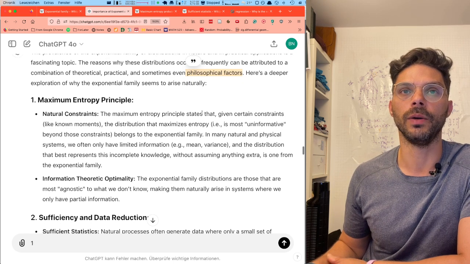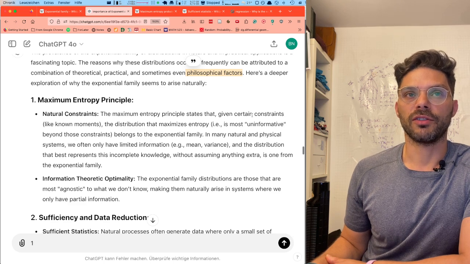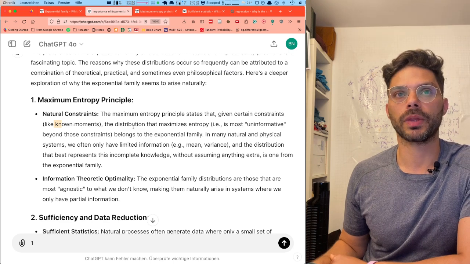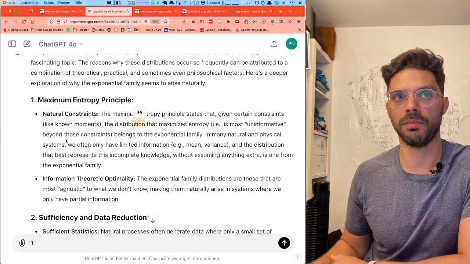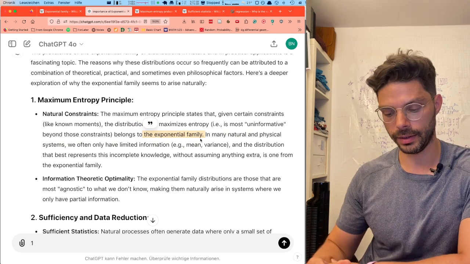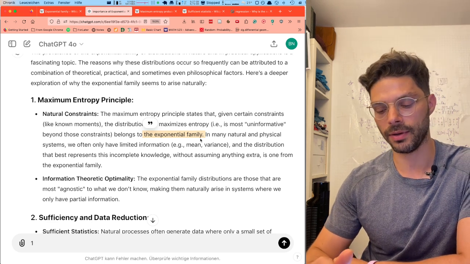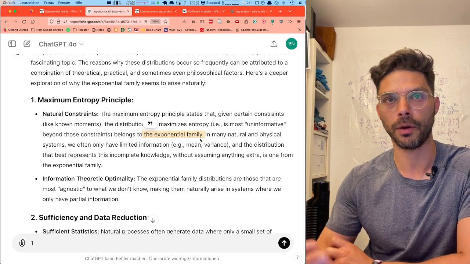Natural constraints. The maximum entropy principle states that given certain constraints, like known moments, like we know the mean or the variance of the data, the distribution that maximizes entropy, so is most uninformative beyond those constraints, belongs to the exponential family. And actually, now that he mentions that, we'll see in the chapter that the very last section on the exponential family is talking about different kinds of priors, uninformative priors.